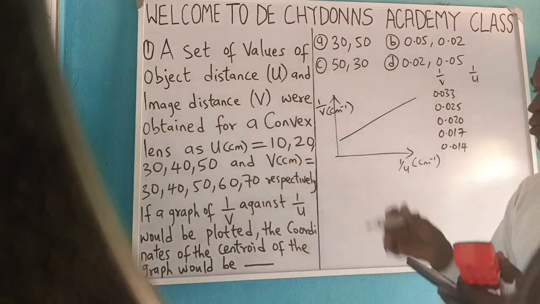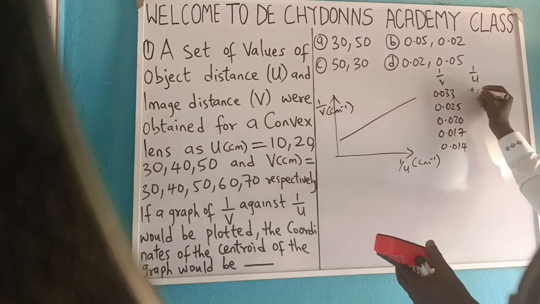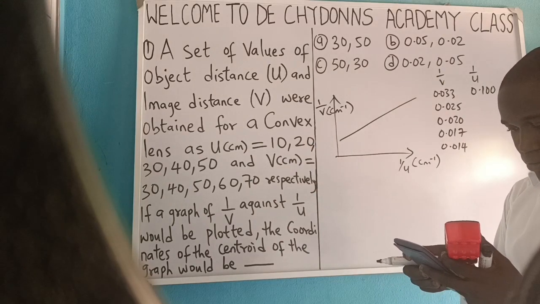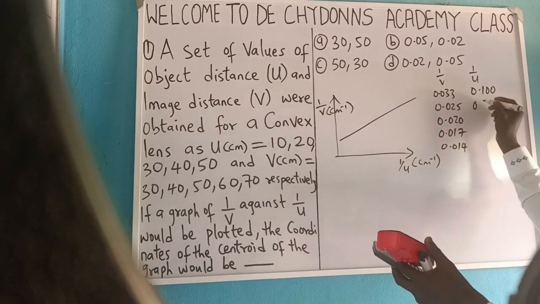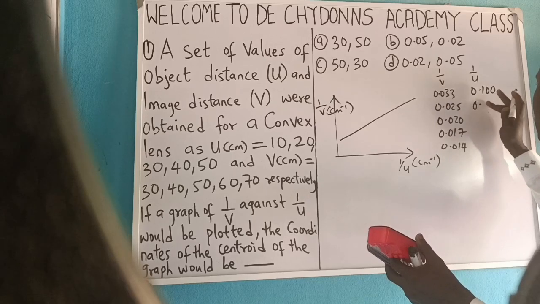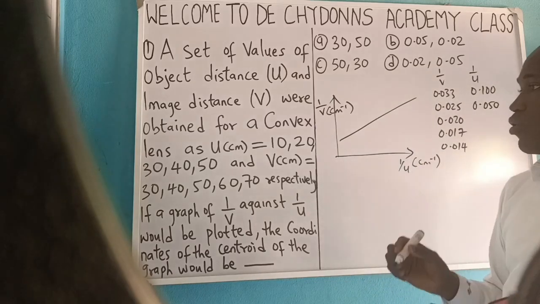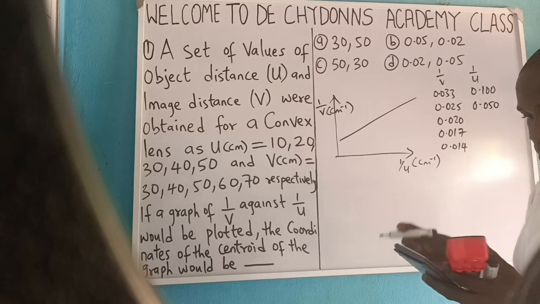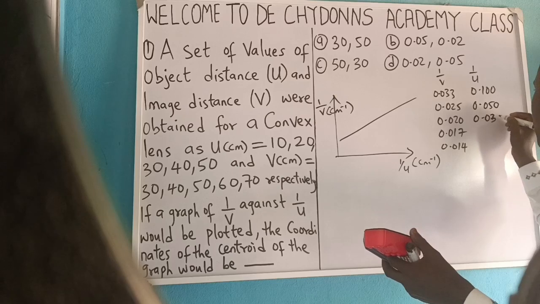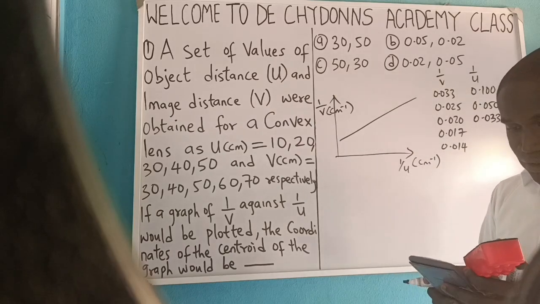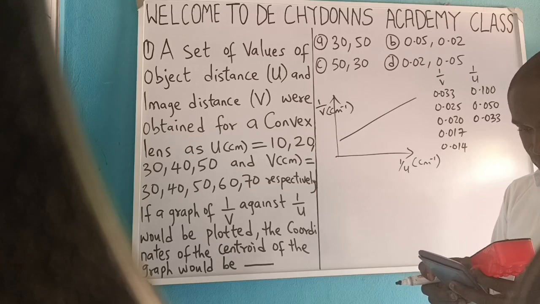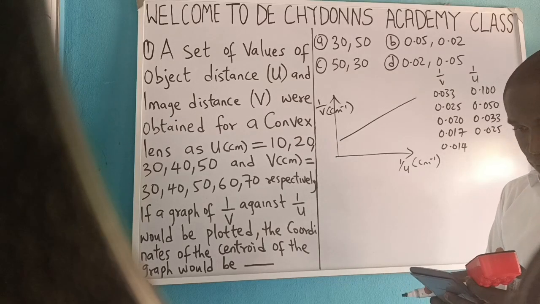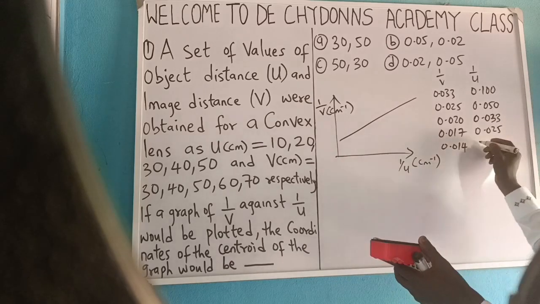Then come to 1 over u. 1 over 10 is 0.100. 1 over 20 is 0.05, 1 over 30 is 0.033, 1 over 40 is 0.025, 1 over 50 is 0.02.